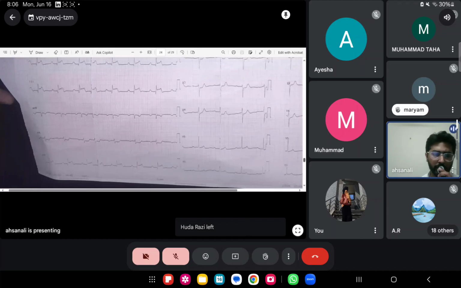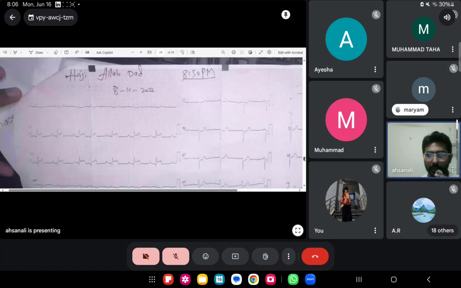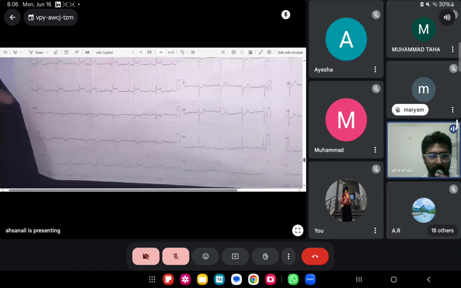The ST depression is going to be reciprocal. This patient also has a biphasic P wave going up and down. This could be due to an ectopic focus that is generating this kind of impulse, but I think this is fine. You are going to see the AVR. AVR is negative, so this is not any limb lead reversal, right?